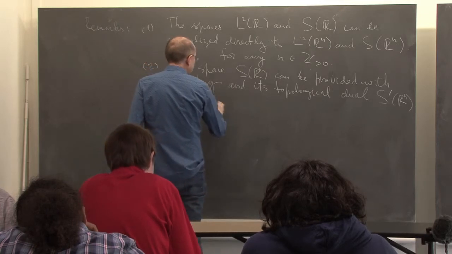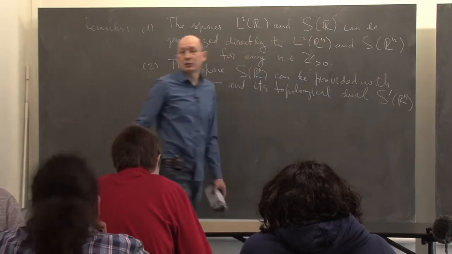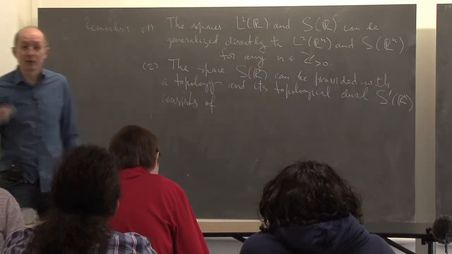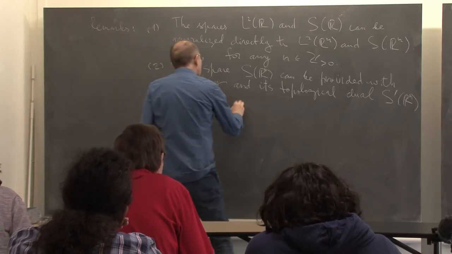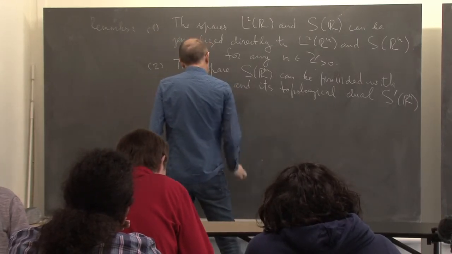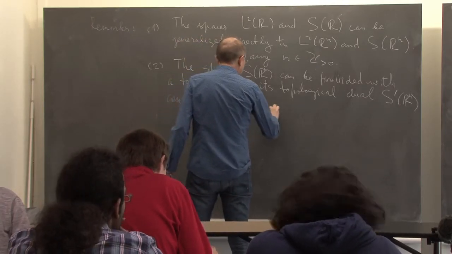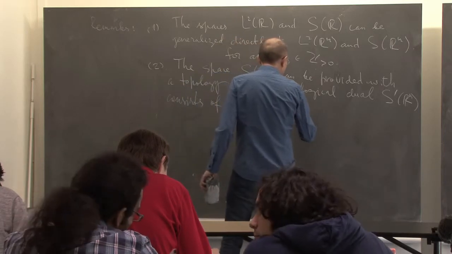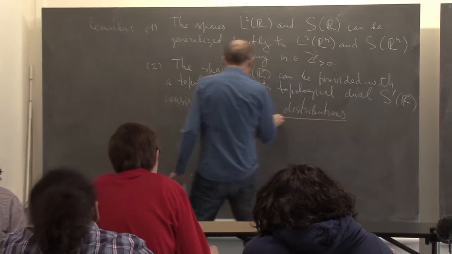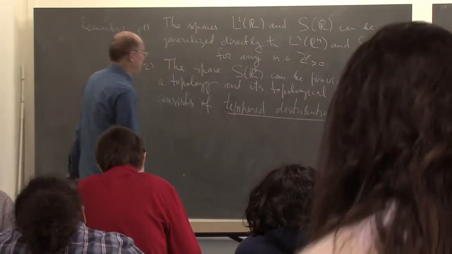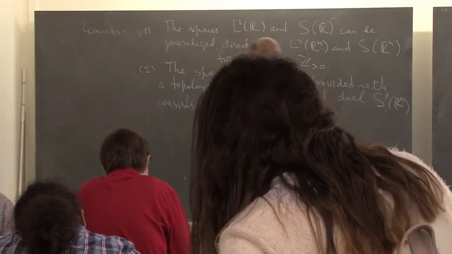consists of, so topological dual, again, it's the story of linear continuous maps from S of Rn, consists of what are called tempered distributions. If you don't know this, it's okay.